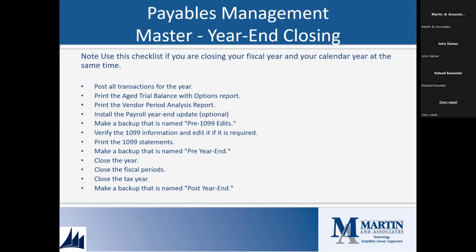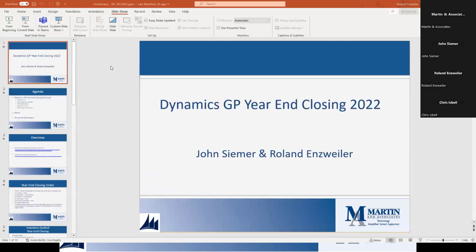With 1099s, you can reprint them. If you print your 1099s the first time and something looks wrong, you can edit the 1099 information, and then go back and reprint them again.